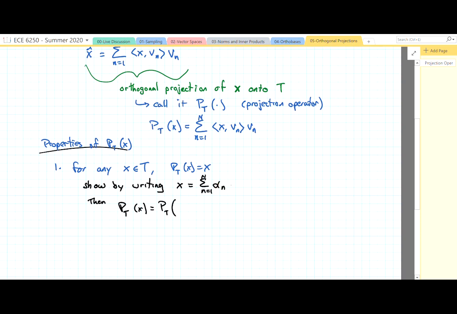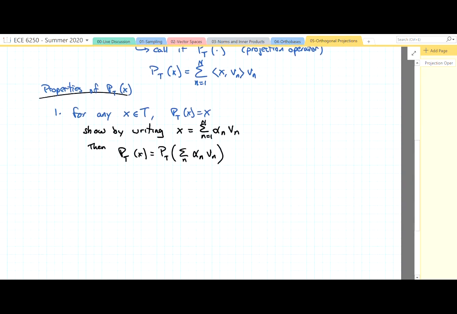We're going to start by assuming we have no idea what these alphas are. Wink, wink. And so now we do the projection of alpha times v. So why can we write this if we don't know what the alphas are? It's because we already know that Vn is a basis for t.